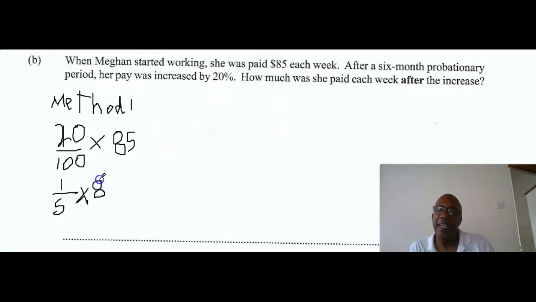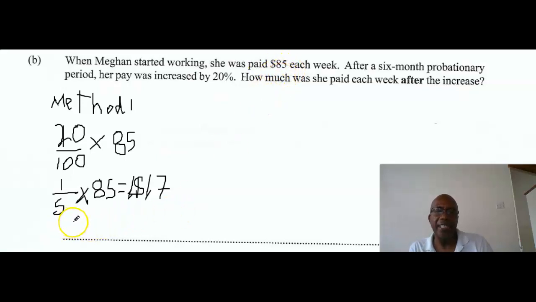So we divide 85 by 5. And we're going to get the answer as $17. So that is the increase. And so therefore you have to find how much was she paid after the increase. So it means you have to add that 17 to the original amount she was working for.